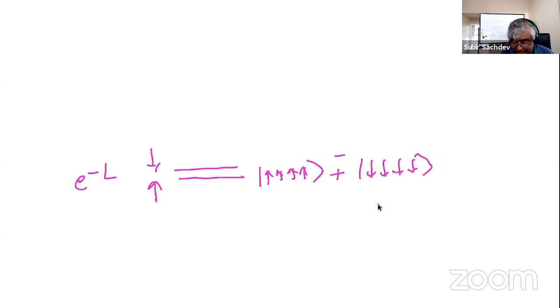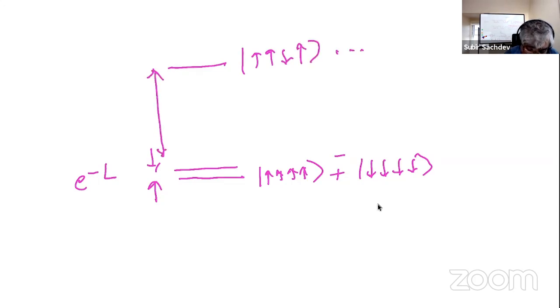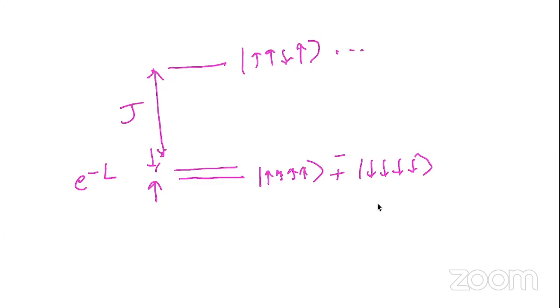So you'll just collapse effectively into up or down. And there'd be other excited states where, say, one spin is down. This is an excited state, and this gap is finite. It will be of order J or K or whatever the couplings were. Okay, thanks. Sure.